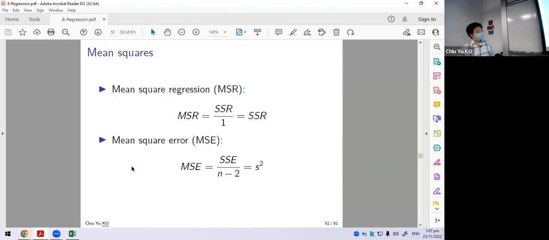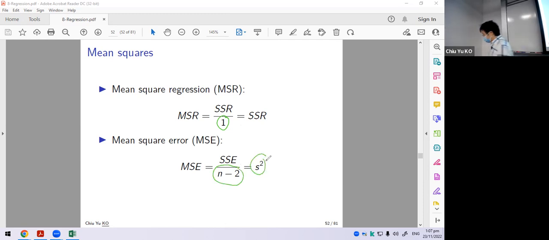And as we said, we can do mean square error. The SSR divided by 1 gives the MSR. Why 1? Because we only have one group, whether you are group in or group out. So that is only 1. And the MSE is just SSE over n minus 2. Remember this is S squared.